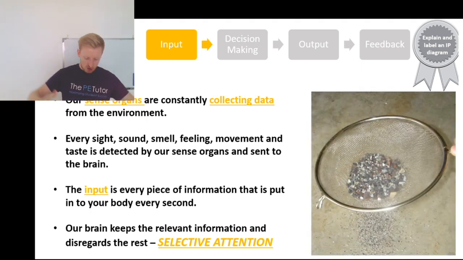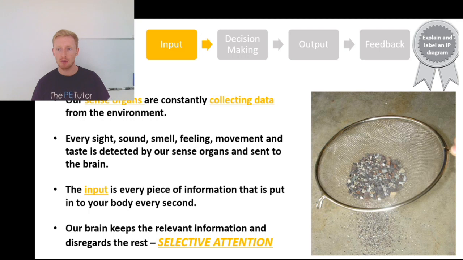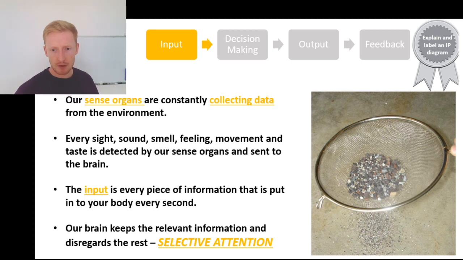If you were to scoop up a pile of soil or sand, or I've got some rubble here in this example. If I were to scoop up this whole batch of rubble, the larger stuff would get caught in a sieve, and it's only the finer stuff that gets through into what's called our short-term memory.